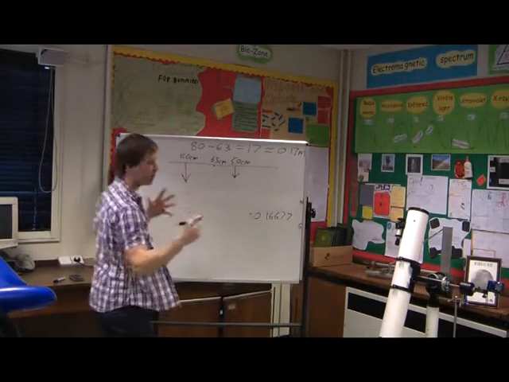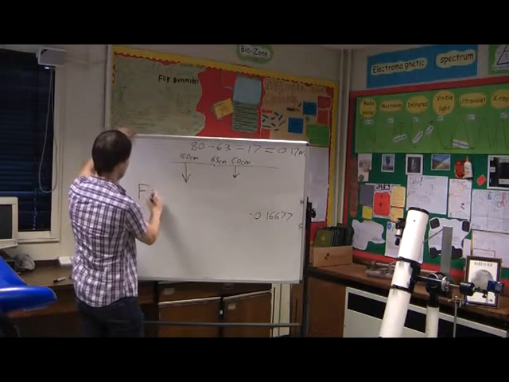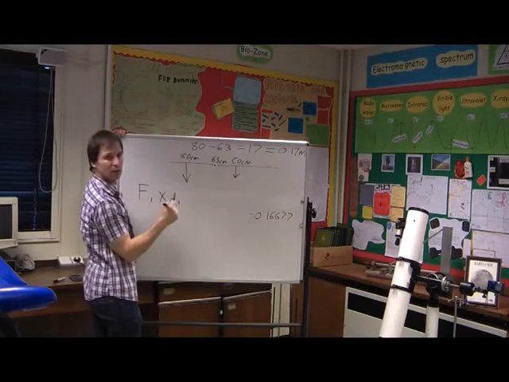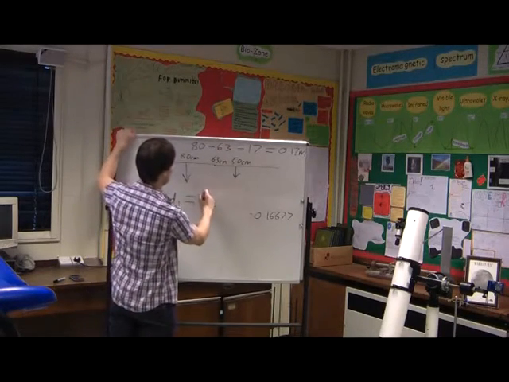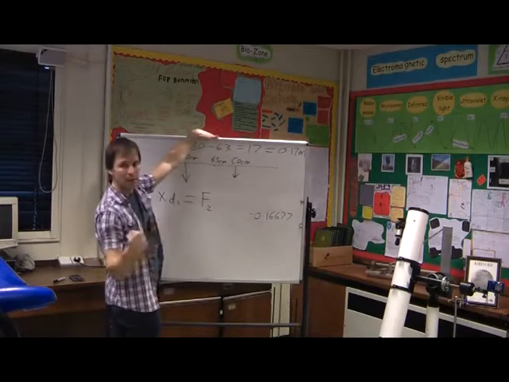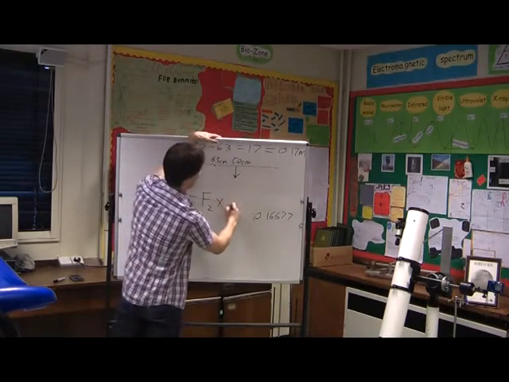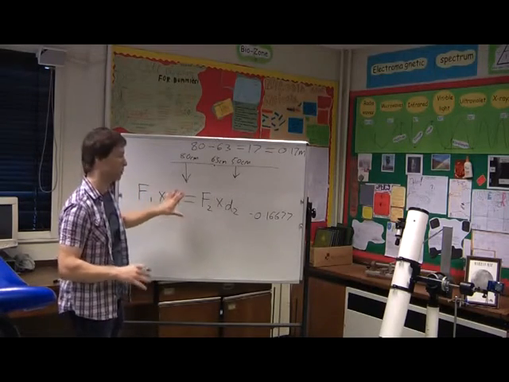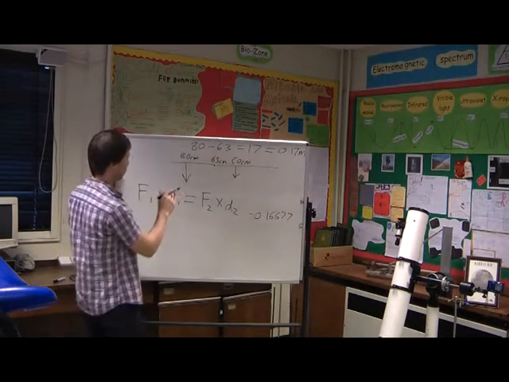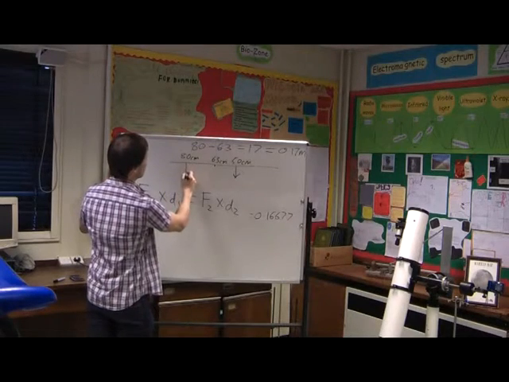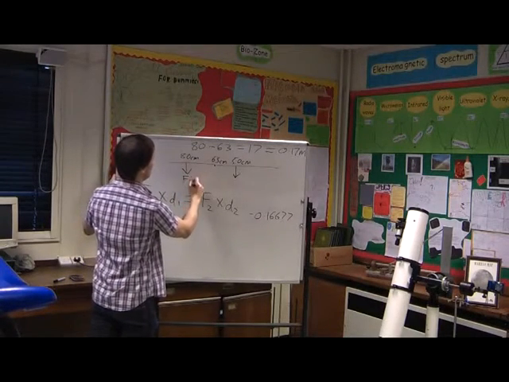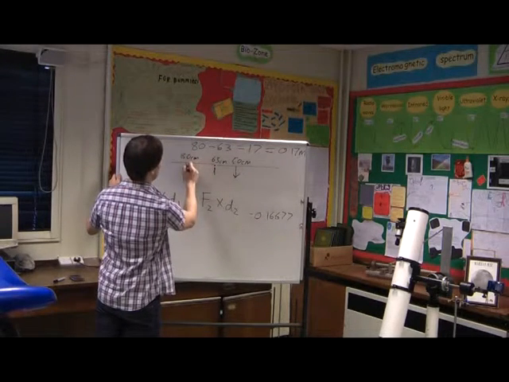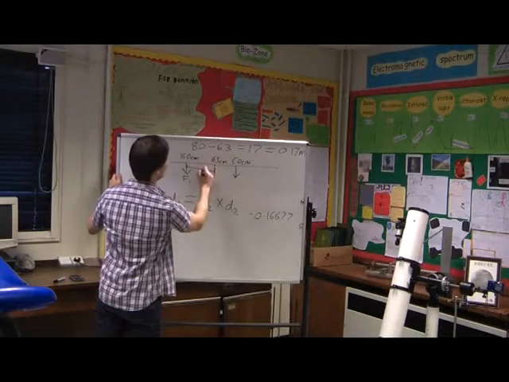For any object in equilibrium, we know that force 1 times perpendicular distance from a point, D1, must equal force 2 times perpendicular distance from the point, D2. It's completely irrelevant which one you decide is F1 and F2, you just make sure you're consistent. I'm going to call this F1, and that distance there to there D1.